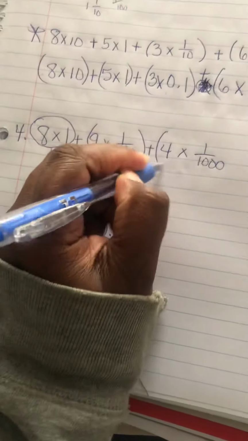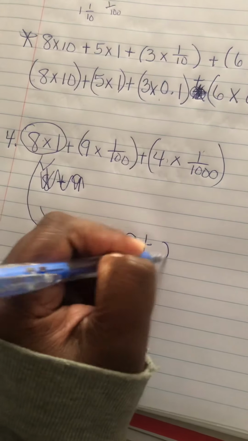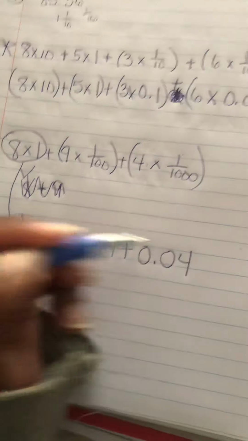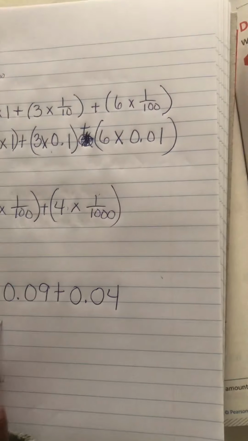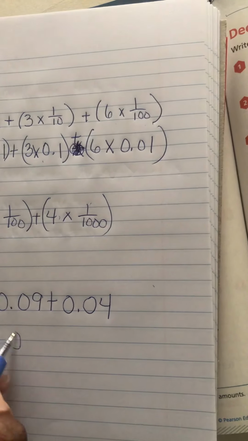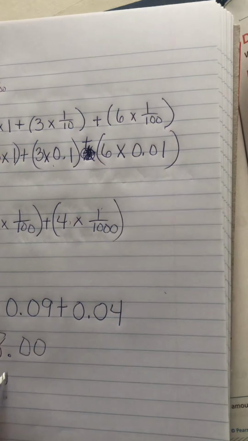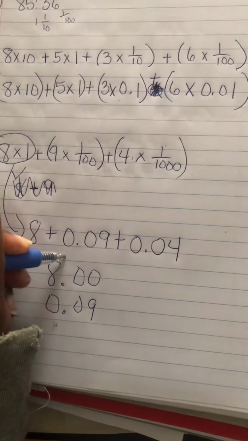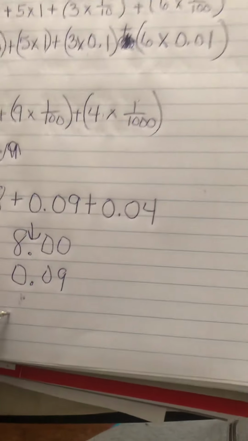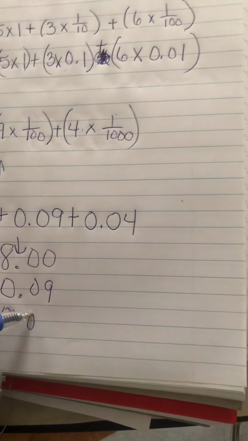And then it says plus 4 times 1,000, so 0.04. I'm basing this on the place value chart. Then I'm going to add all these up. You put a decimal behind a whole number and put the place values to whole. You are lining up your decimals, which is what you did yesterday to help you with this skill.